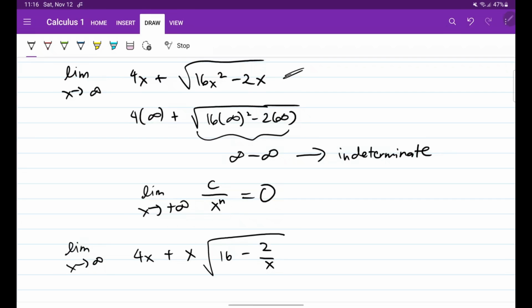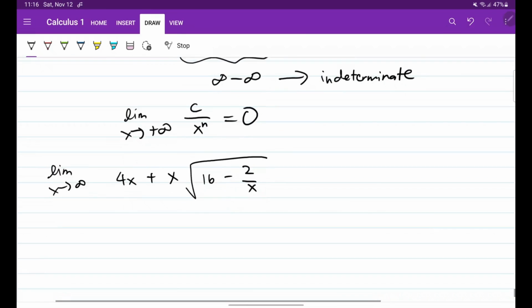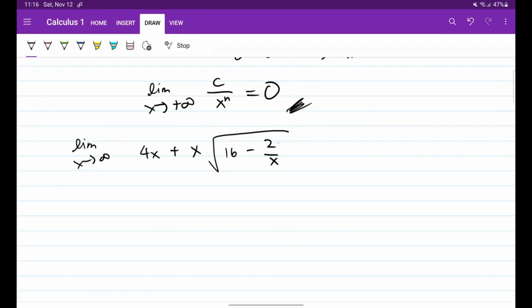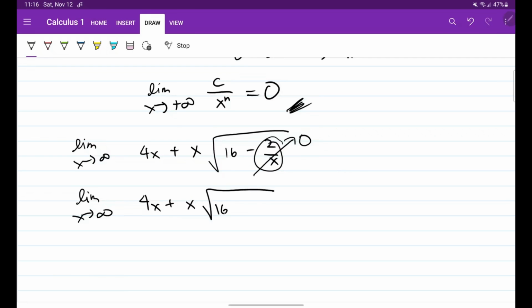Right? And what does this do for us? We use this idea. Okay, we can now exploit the idea that c over x to the n as x approaches positive infinity is 0. Okay, so we know that this term would be 0. So we are now left with the limit as x approaches infinity of 4x plus x square root of 16 minus 2 over infinity.